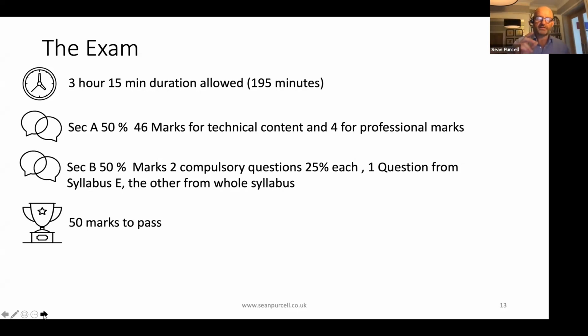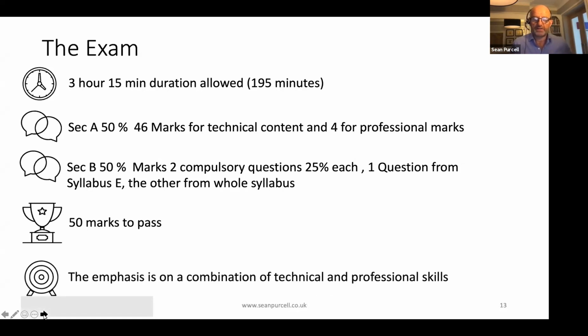And that's really important for you to make sure that that happens. And to do that, there's certain techniques that we need to apply. It's not about technical knowledge, it's a combination of professional skills with the technical knowledge, with the emphasis on interpretation and connecting of the information. So you only need 50 to pass.